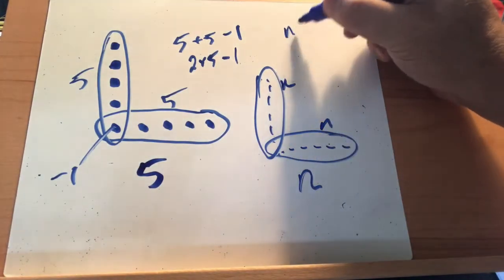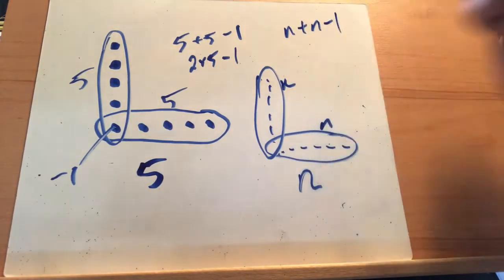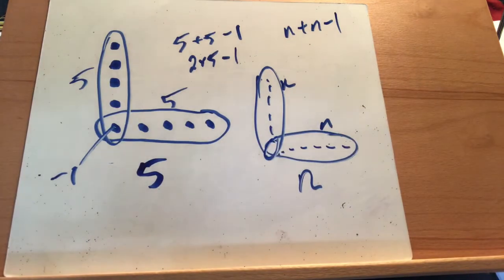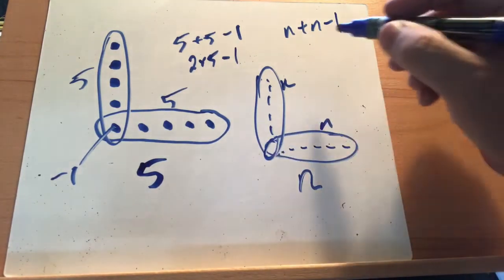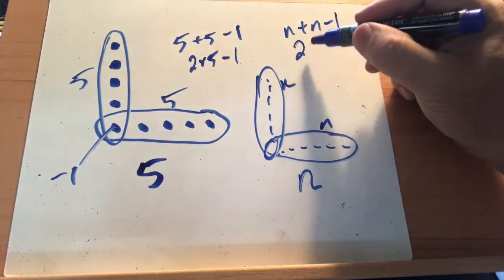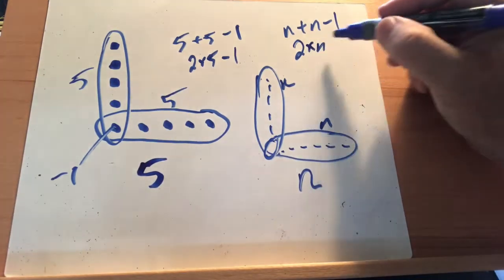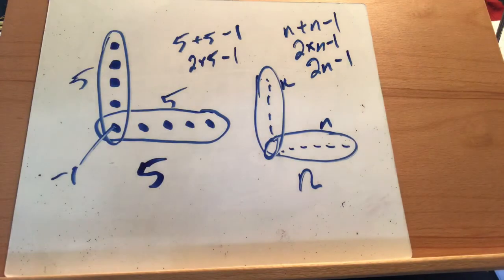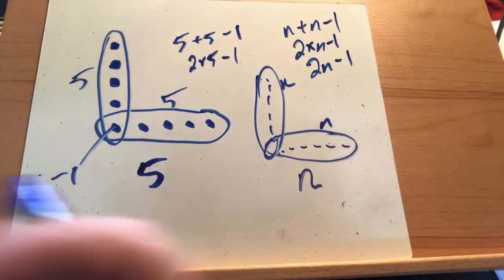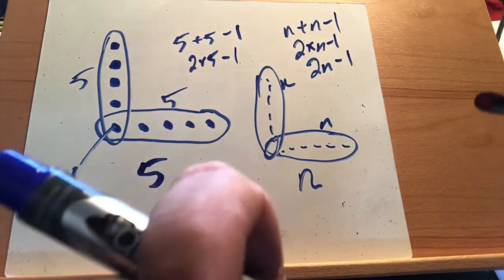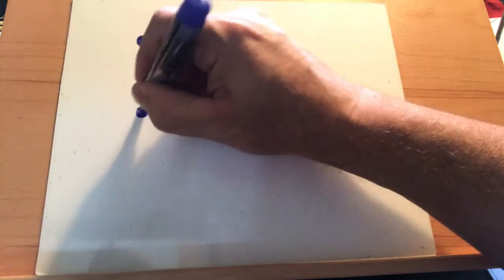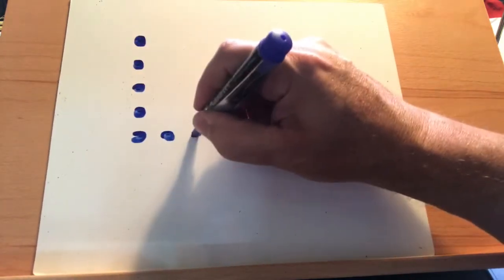So that's n plus n. And again, we had to do that minus 1. We've counted that same thing twice again. Or again, 2 times n minus 1, or if you want to be slick, 2n minus 1.